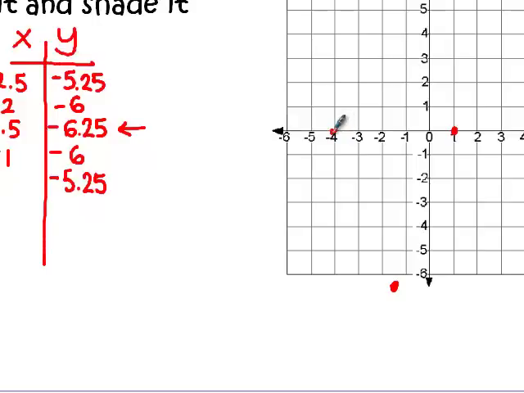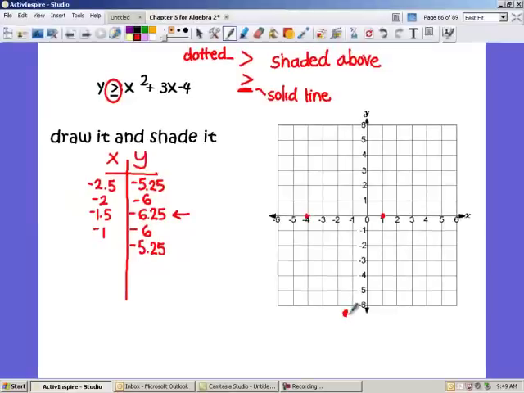And because this is a sketch, if it's somewhere really close to what your graph shows, the only point that you really need to get is the min or the max down here. So I'm just going to connect this, and it is a solid line. And it's a solid line because it has that symbol right there.